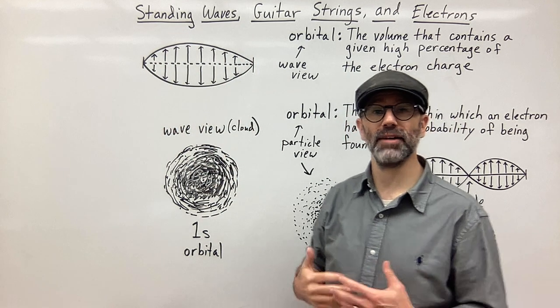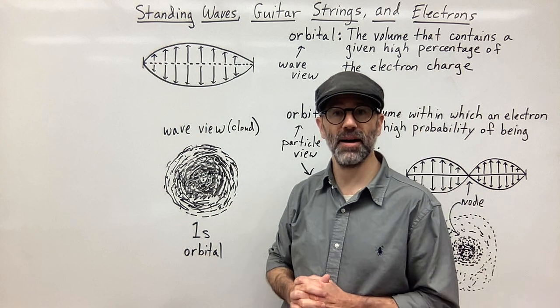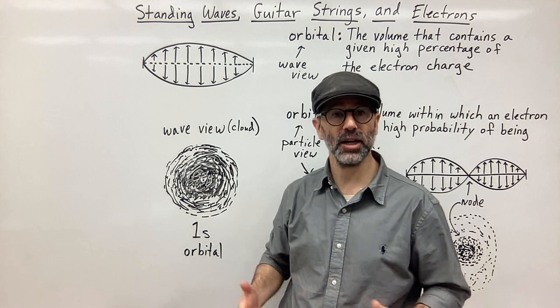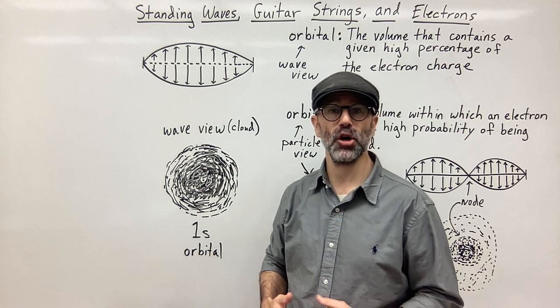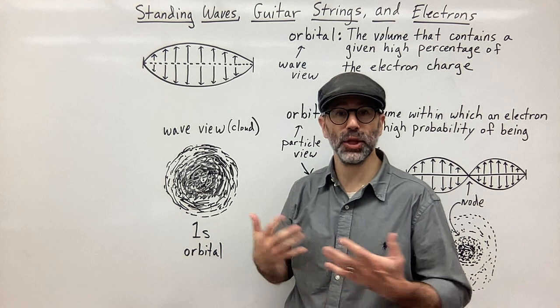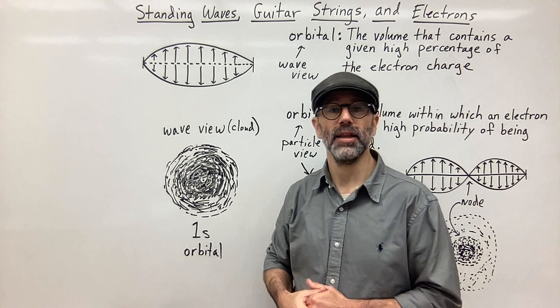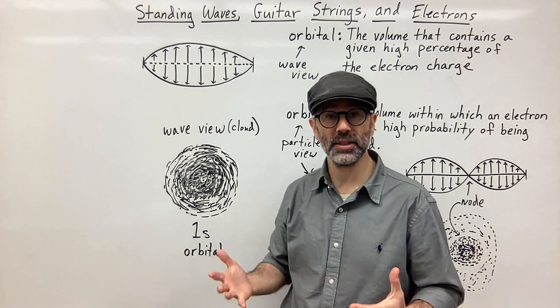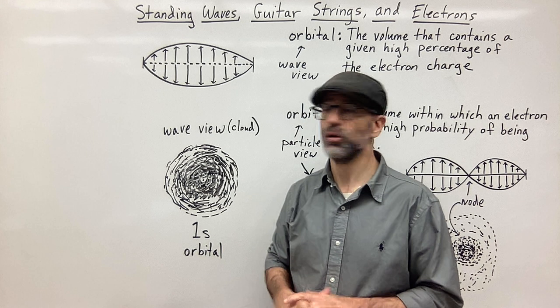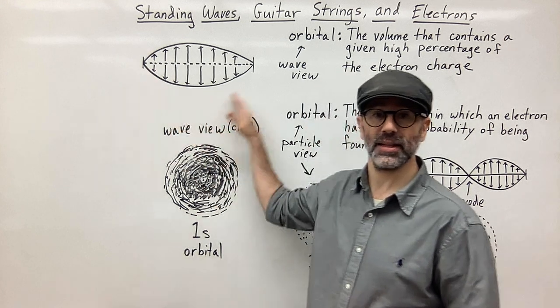Now, an analogous thing happens with the atom, the electron in the atom. So again, if we're looking at the electron as behaving like a three-dimensional wave, then the lowest energy waveform that the electron could have would be something akin to this.